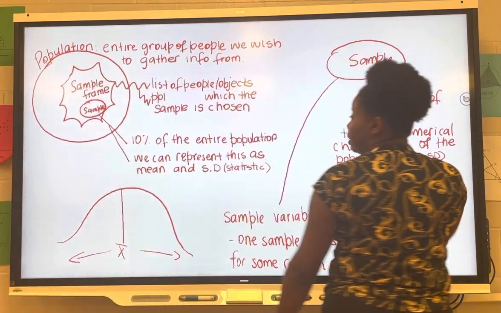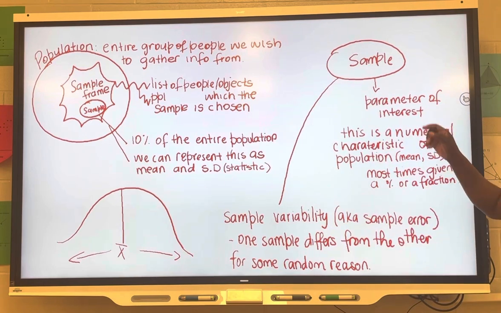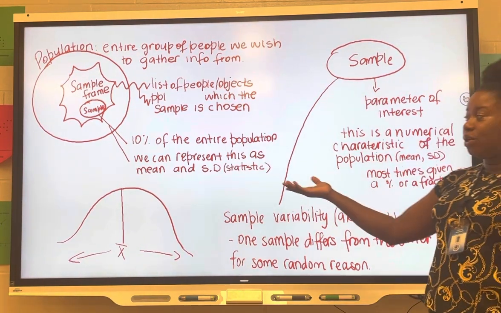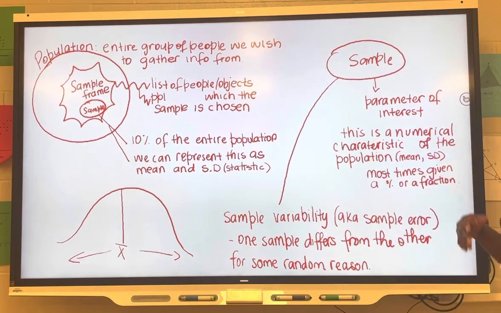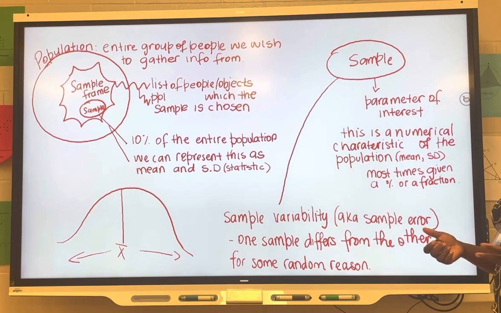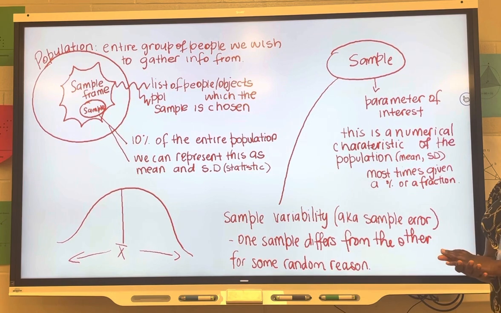As I was saying, as it relates to your sample, you will have your parameter of interest, and from this, you can also think about the mean and the standard deviation. But the parameter of interest is basically a numeric characteristic of your population, as I mentioned, your mean or your standard deviation.